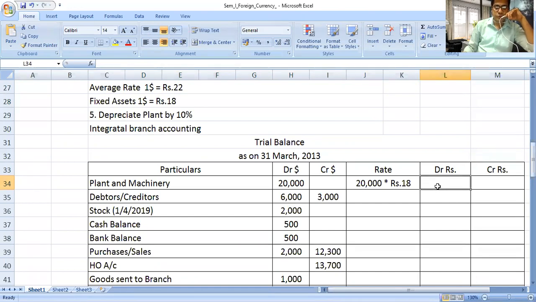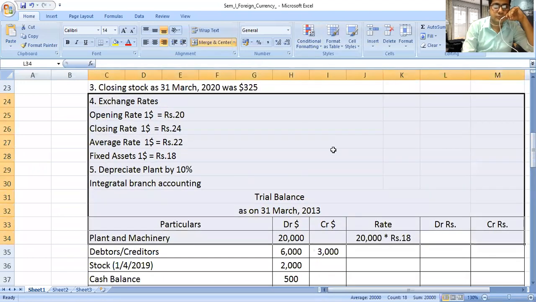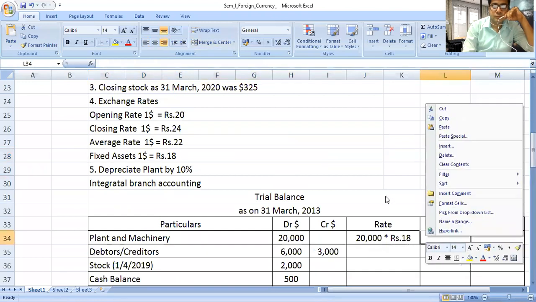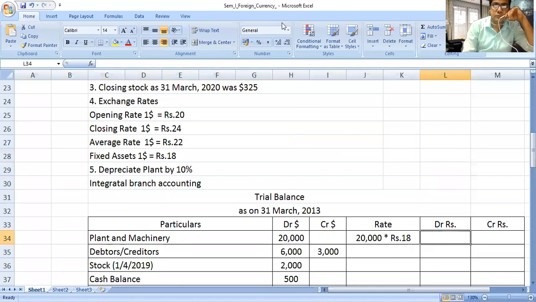How much did you get? Yes, Vijay got 3,60,000. Mr. Vijay, it is the right answer.